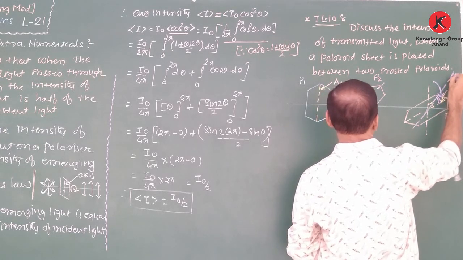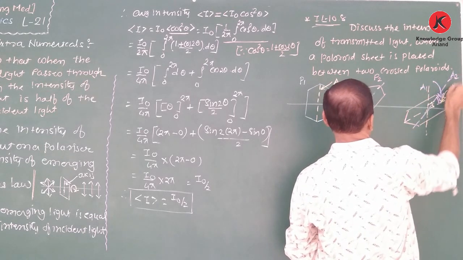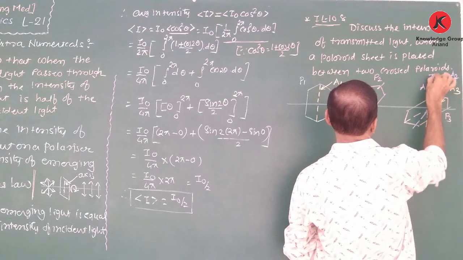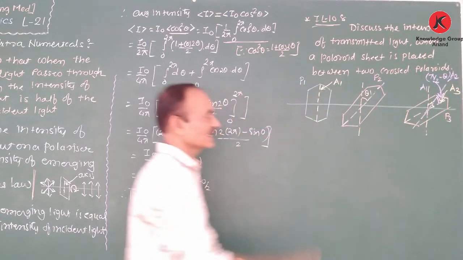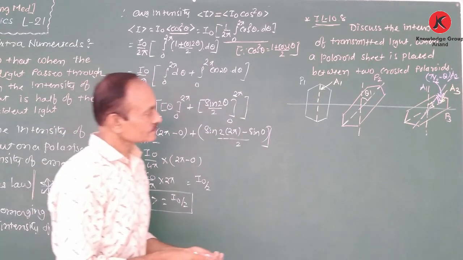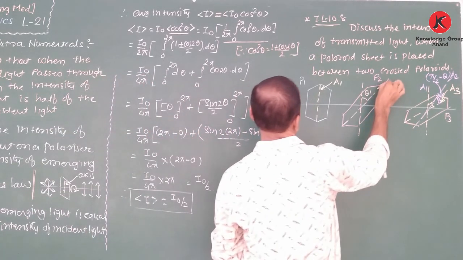There is A2, there is A1. The angle between A2 and A3 is pi by 2 minus theta.